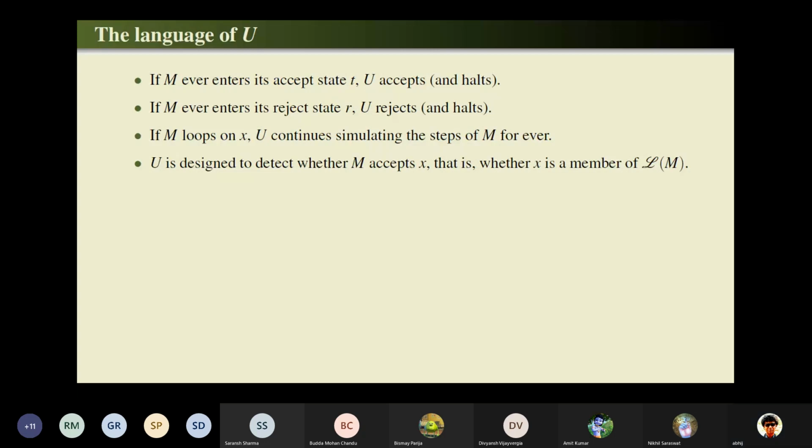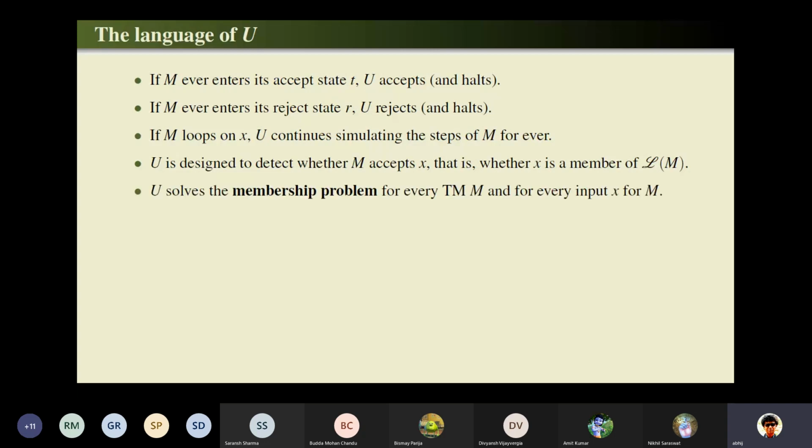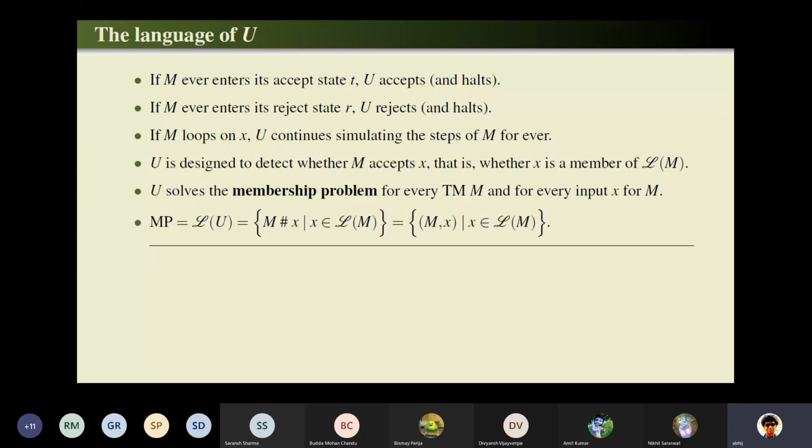So this means that U essentially solves the membership problem given a Turing machine M and an input X for M. So in other words, I can write the language of U as MP. MP is actually a language, not a problem.